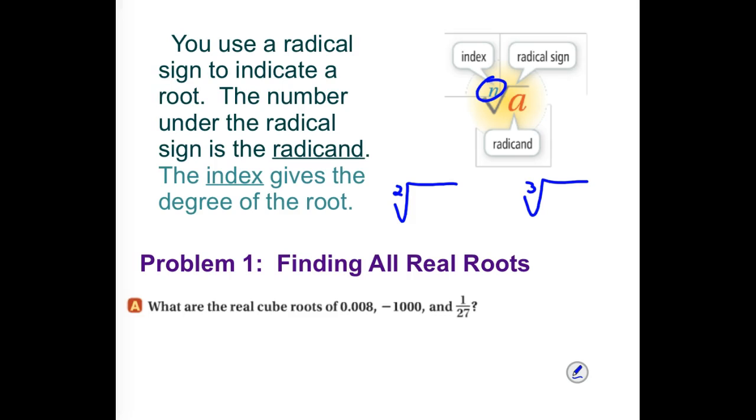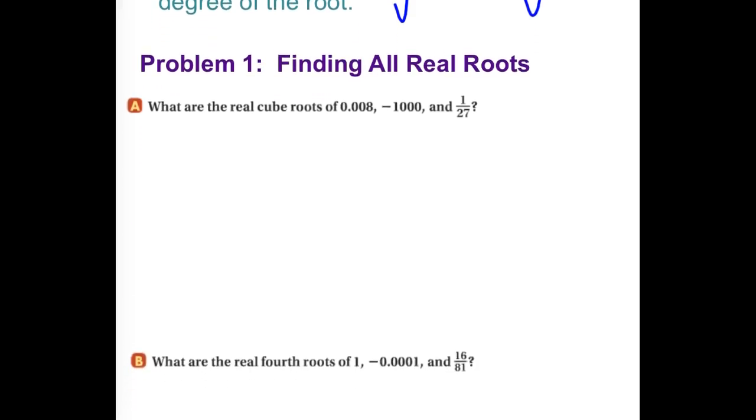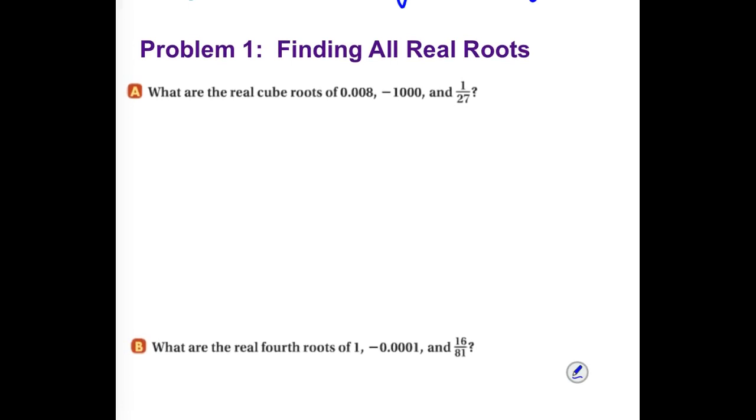So it's important to make sure you bring that index down in your answer, not just the radical symbol itself. The piece inside the radical symbol is called the radicand. So we're going to be looking at radicands today. Some are just regular numbers, some are variables. We'll look at both.